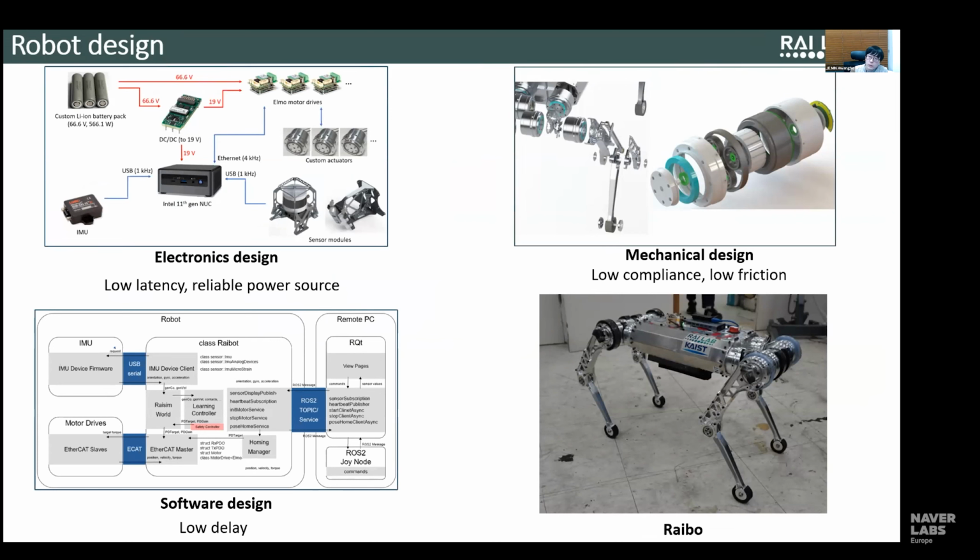For electronics, it's very important to design the whole system for low latency. For that, we use Elmo drivers and an EtherCAT controller. We measured the latency of the system, and it is below 100 microseconds.